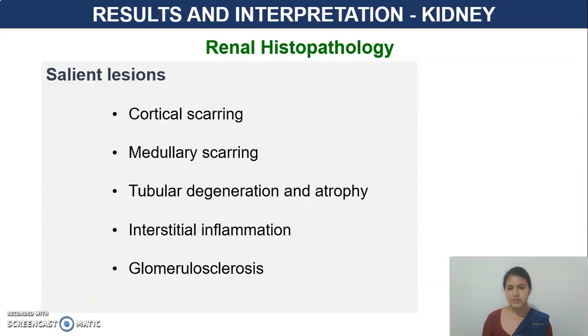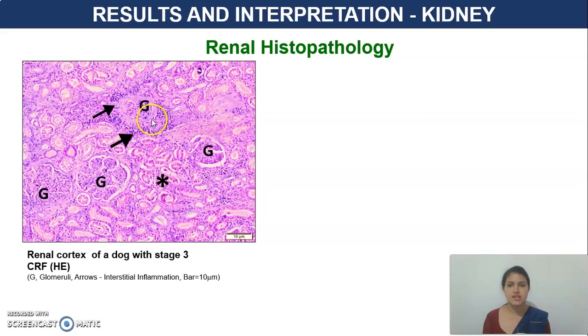When we consider renal pathology, we have observed these salient lesions in the renal parenchyma of all cases, and these were used to compare the progression of renal pathology along with IRIS staging. This is an image of the renal cortex where you can see the interstitial infiltration of mononuclear cells around a sclerotic glomeruli.